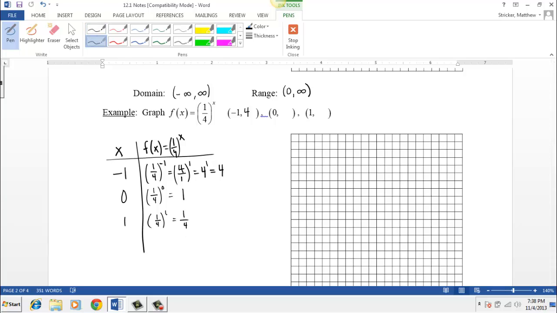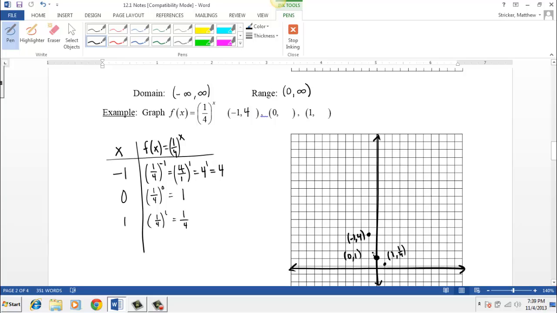Again, we can put these guys on the graph. Okay, so first point, we have -1, 4. We have 0, 1. And we have 1, 1/4.